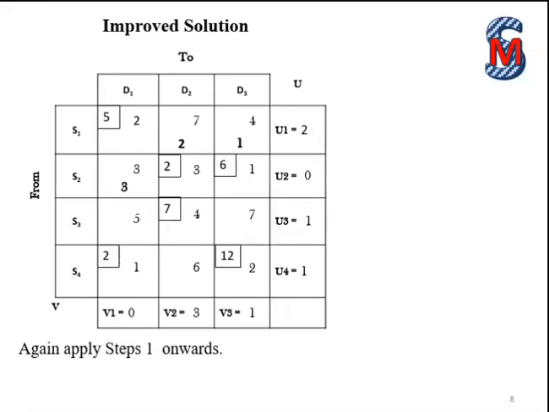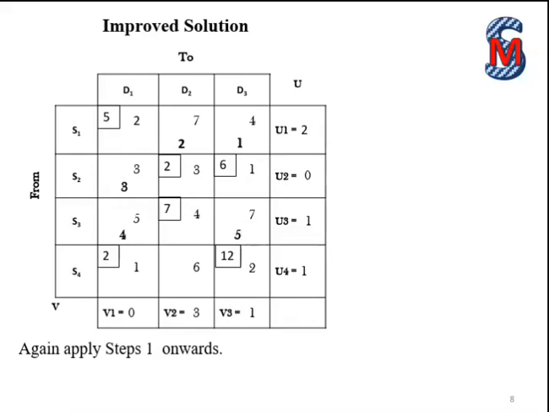Now S3D1 unallotted cell with cost 5, its U3 is 1 and its V1 is 0. So 1 plus 0 is 1, 5 minus 1 is 4. Now S3D3 cost 7, U3 is 1, V3 is 1, U plus V is 1 plus 1, 2, 7 minus 2 is 5.